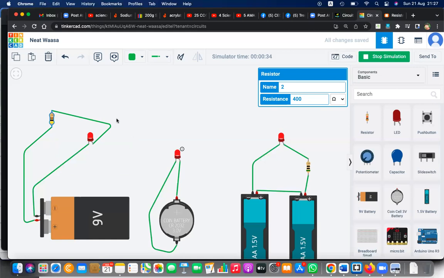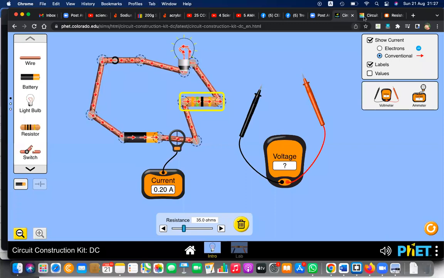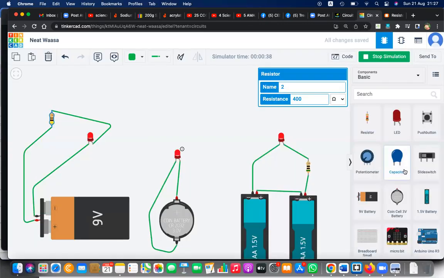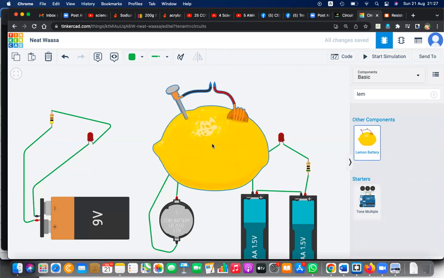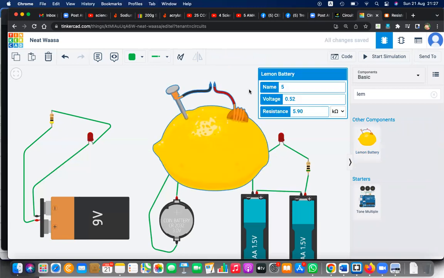Okay, I need you to do this experiment using these two tools, this one and this one. Please practice, and also try this interesting thing. Have you tried a lemon battery in your school? Have you tried that? This one? Yes, sir.